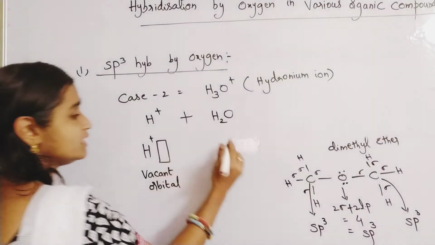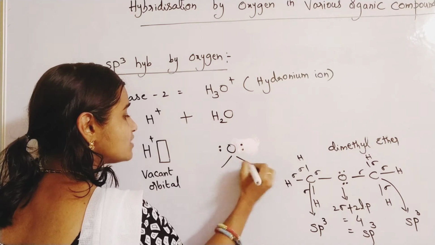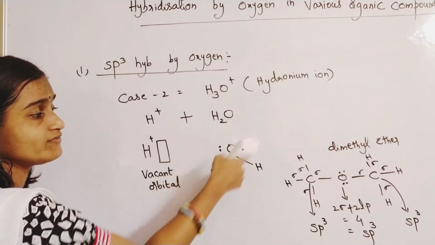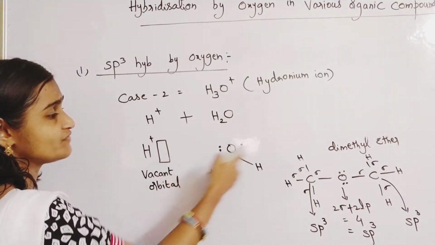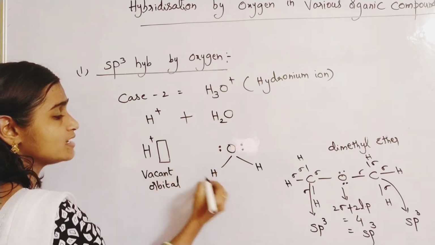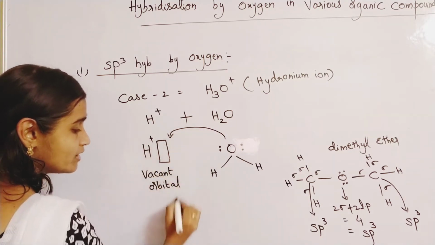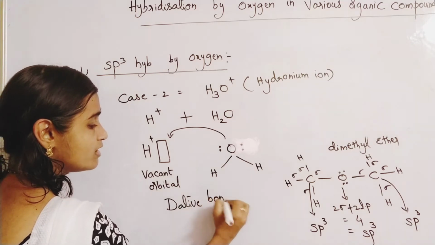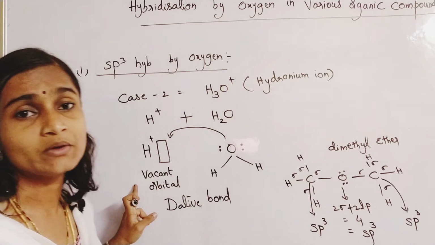Here oxygen has an octet and 2 lone pairs are already there with it. So what happens is a kind of bond forms which is called what? A coordinate covalent bond, or dative bond, will form between the water molecule and the H+ ion.